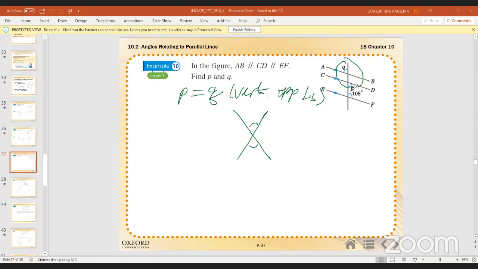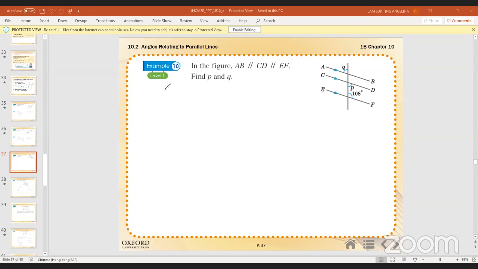If you look at P and Q again, they are a bit far away. Therefore we cannot immediately tell people that P equals Q, although you will find that they are actually equal. Therefore, we need to do it step by step.